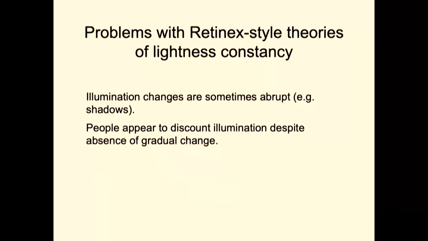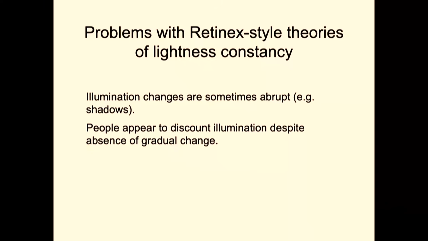But even if you accept the idea that you just have reflectance and illumination, this other big problem is that illumination changes are not always gradual. Sometimes they're abrupt, and shadows in particular often have fairly crisp edges.